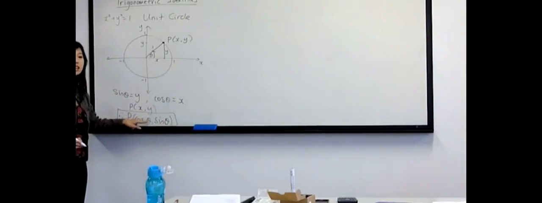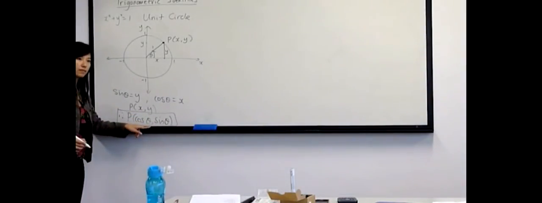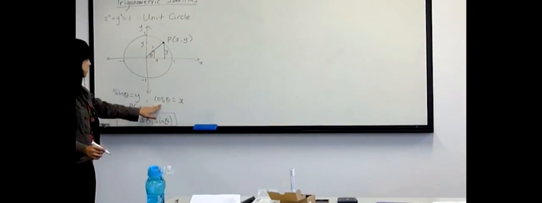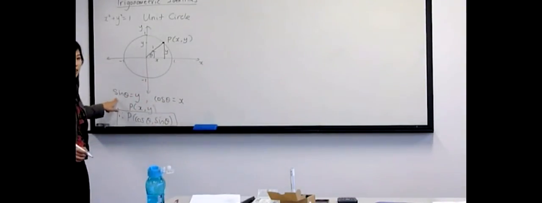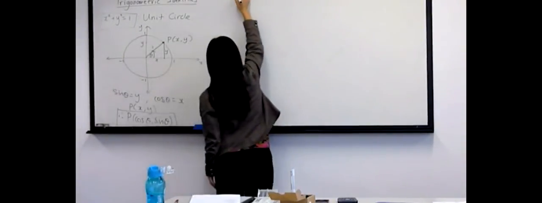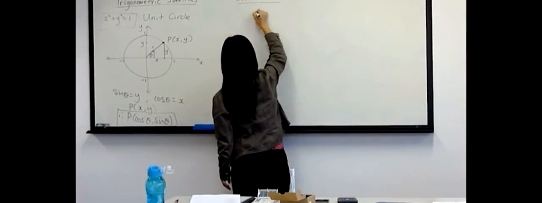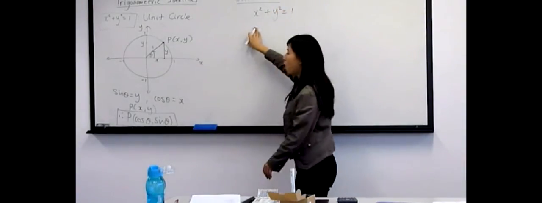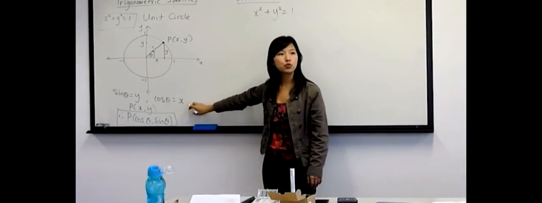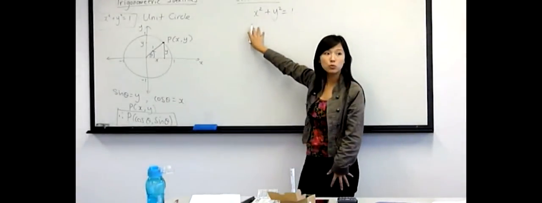So we can rewrite our x and y coordinates in terms of theta. Okay? So which means x equals cos theta and y equals sine theta. Now coming back to our unit circle equation, we will also substitute this into the unit circle.